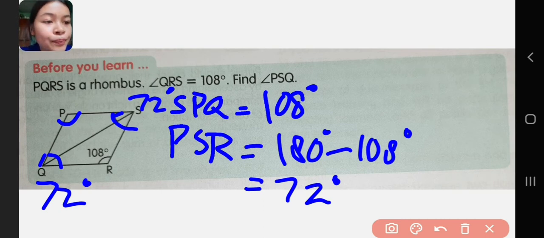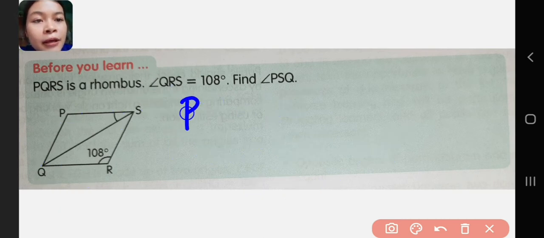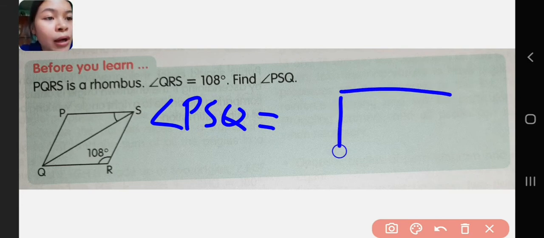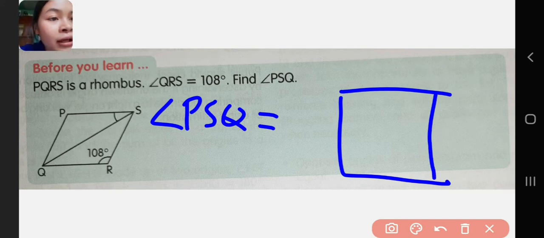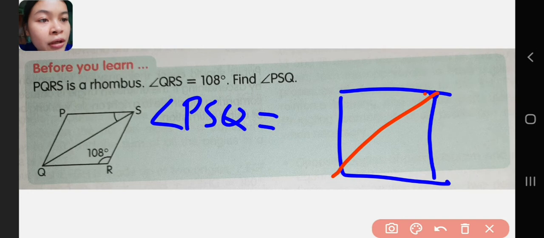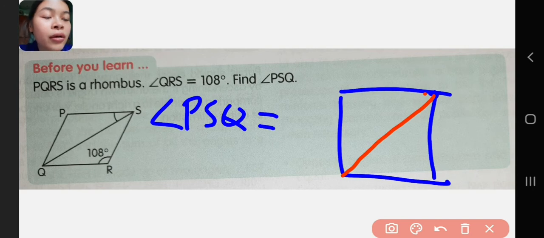Now how to find PSQ? To find PSQ, remember this is a rhombus, which means all sides are equal. When all sides are equal and you drag a line from this corner to this corner, you divide the shape exactly into two.